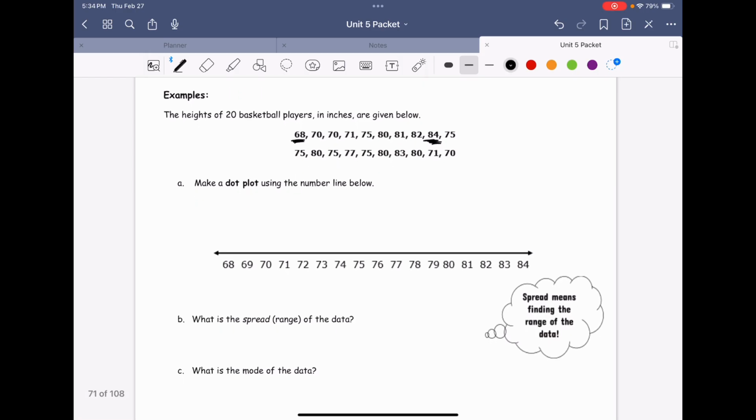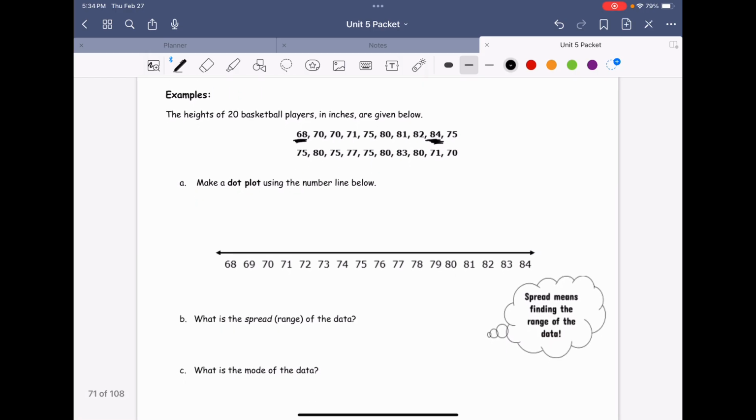All right, so let's go ahead and plot some points. As you go through this, cross off your numbers to make sure you are not forgetting anything. So I'm going to cross off 68 and put a dot there.